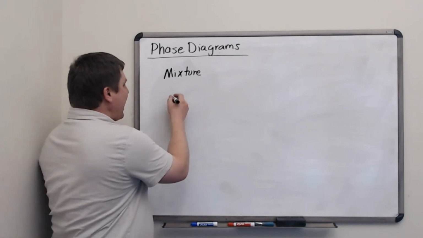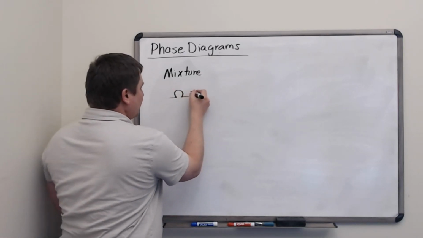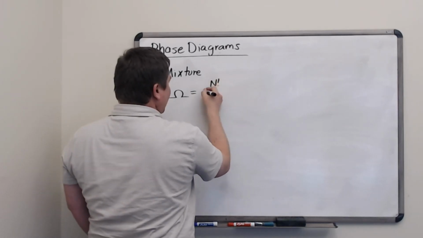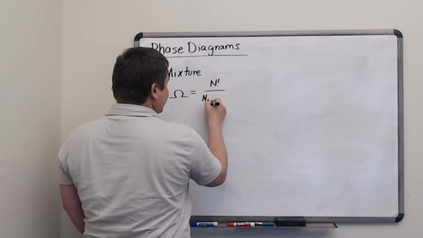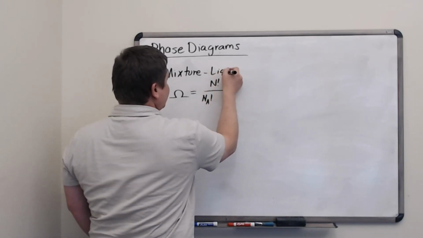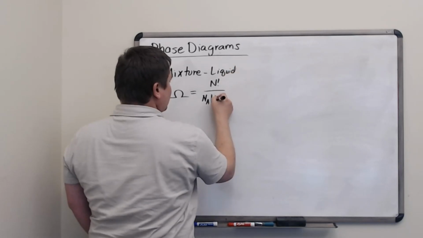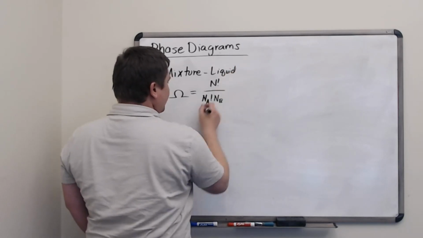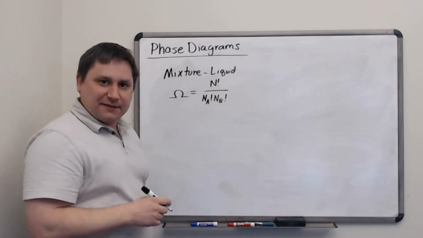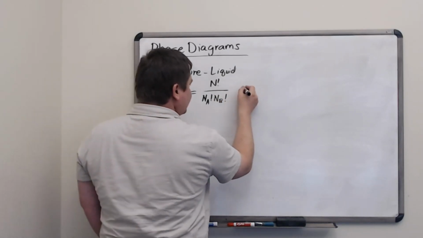Now, way back in chapter 2, we had a few small discussions about how to approximate a liquid mixture. So this is going to be a liquid mixture. And a very simple model was proposed called the simple mixing model.